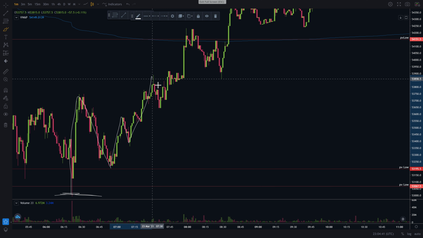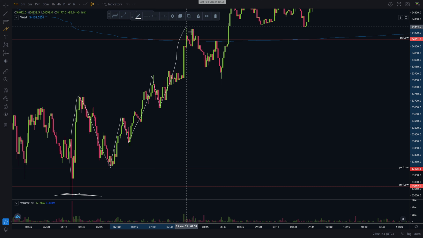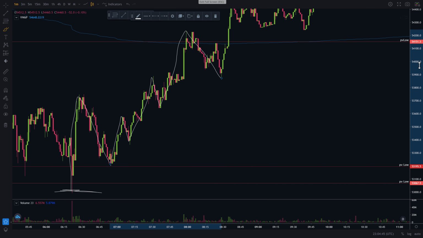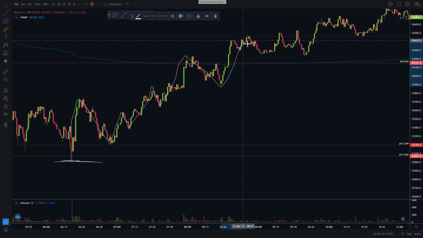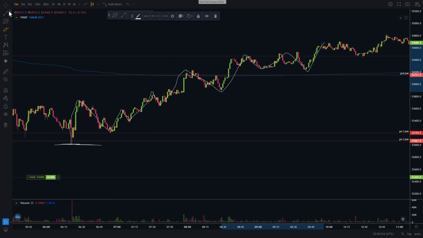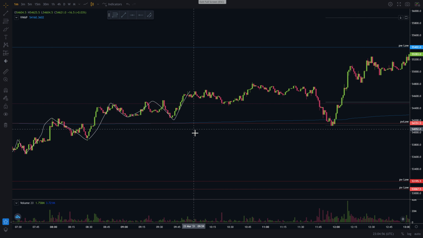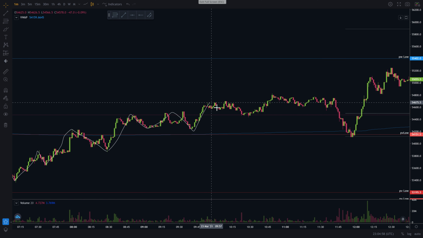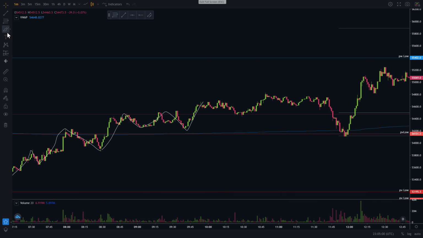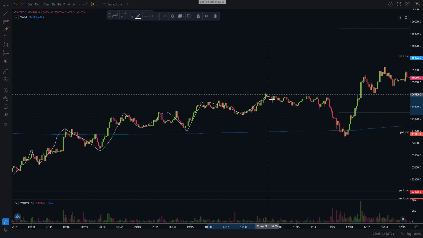Okay, and if we zoom in, we can see now higher high, higher low. And again higher high, higher low. And again, and the trend continued for a while. Again higher high, higher low.